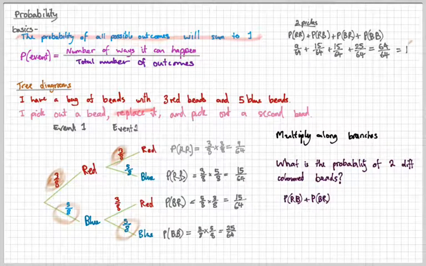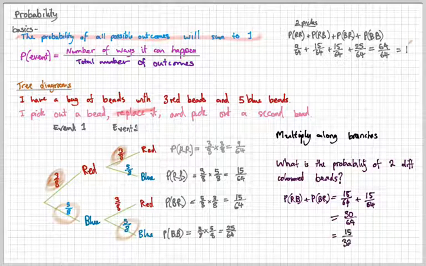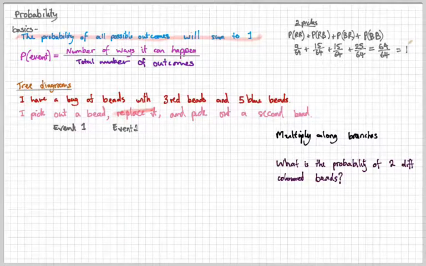The probability of red then blue was 15/64, and the probability of blue then red was also 15/64. So in total, the probability of getting 2 different coloured beads with 2 picks is 30/64. If you wanted, you could simplify this fraction to 15/32.